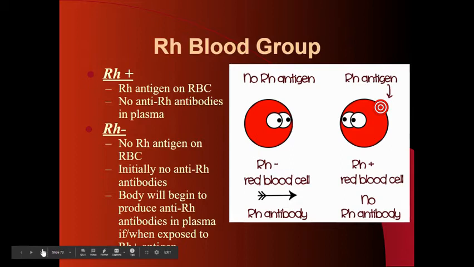So that's one of the main differences from the ABO blood group. If you have, for example, type A blood, you automatically contain the anti-B antibodies. In this case, if you are Rh negative, you don't have any anti-Rh antibodies unless you are exposed at a certain time.